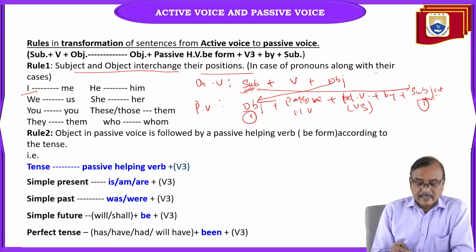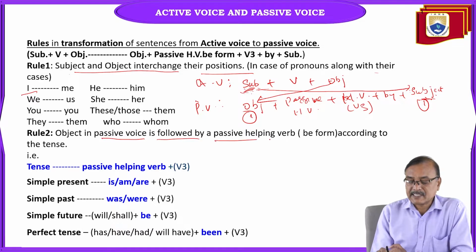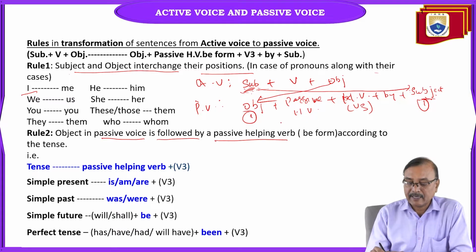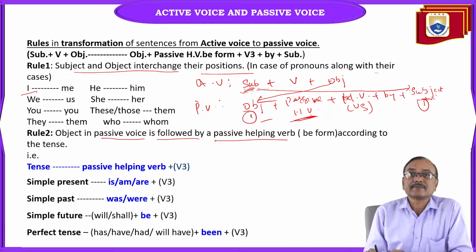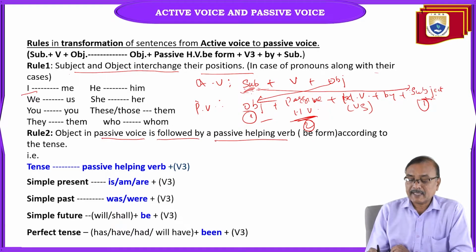Second rule: the object in passive voice is followed by a passive helping verb according to the tense. Immediately after the object, you are using this passive helping verb. If it is simple present tense, in the passive voice use "is", "am" or "are" before the V3 form.